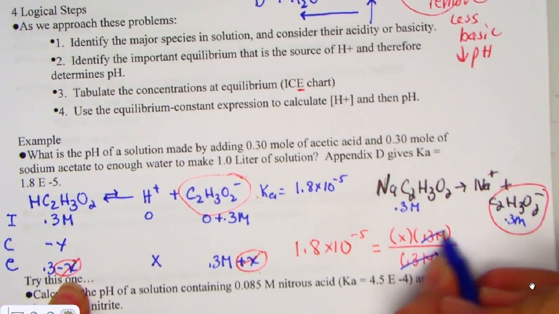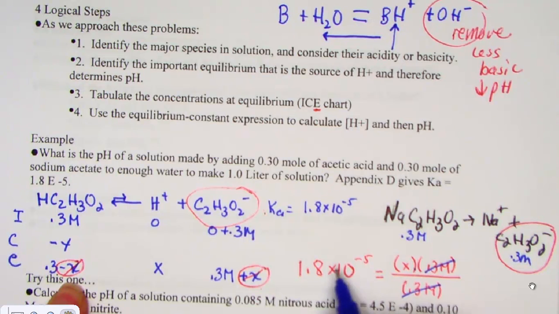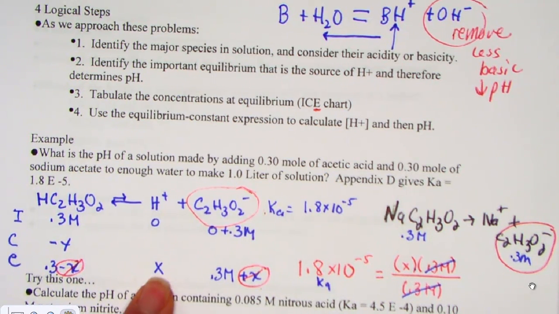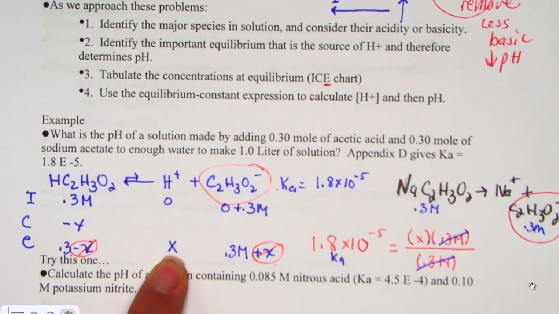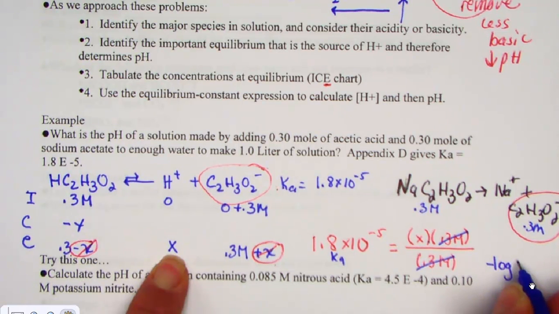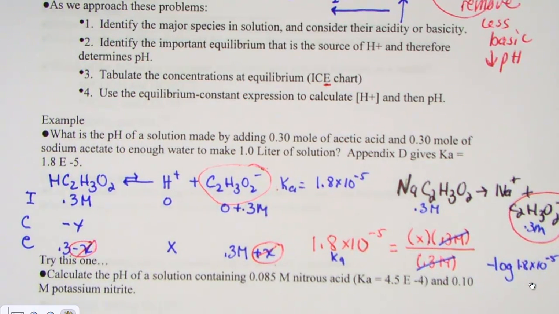The math simply shows these canceling out, and X becomes the Ka of our weak acid. Remember, we let X stand for hydrogen ion. Negative log the value that we found for Ka, and we'll find our pH of the solution.